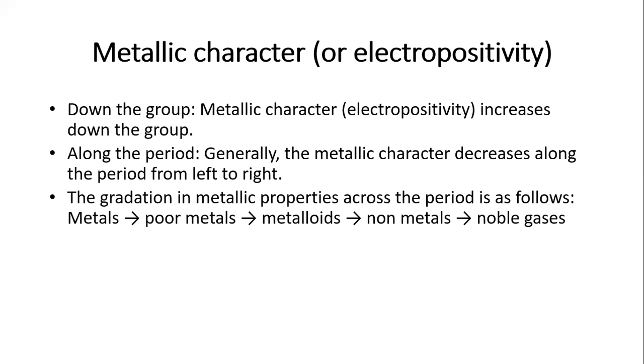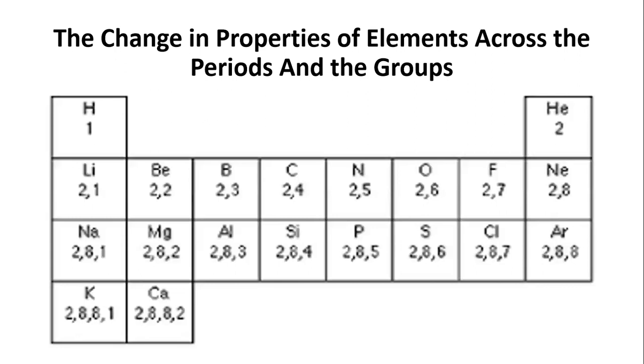Starting with down the group, when you are moving down the group, this metallic character, that is electropositivity, will increase as you go down the group. So taking an example from the periodic table, when you are going down the group, this electropositivity will increase.